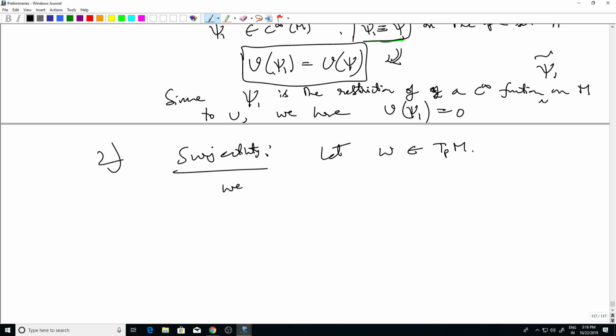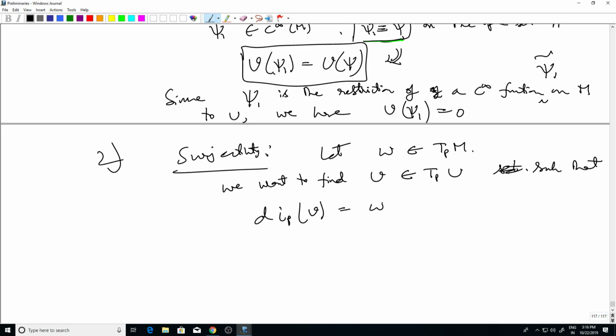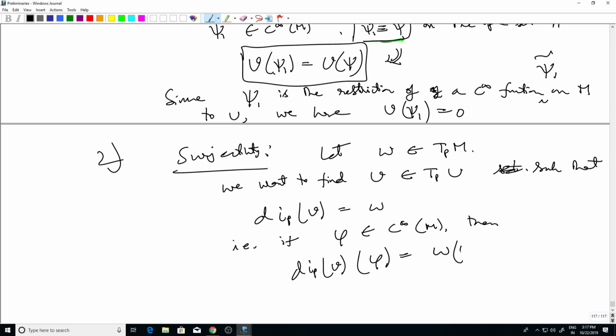We want to find V in T_pU such that di_p of V equals W. In other words, what this really means is that if phi is in C infinity M, then di_p of V acting on phi equals W of phi.